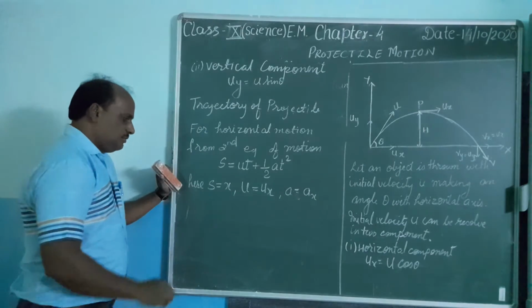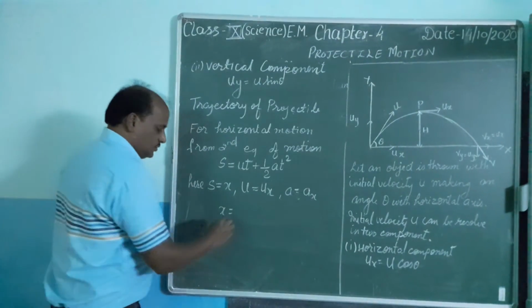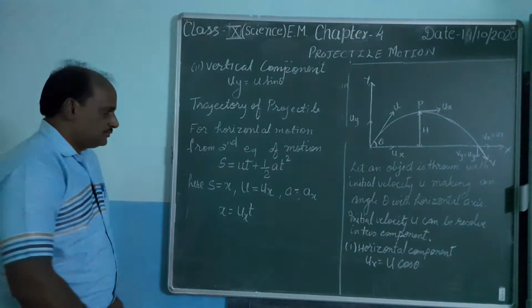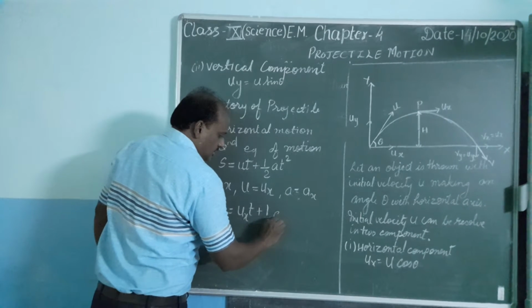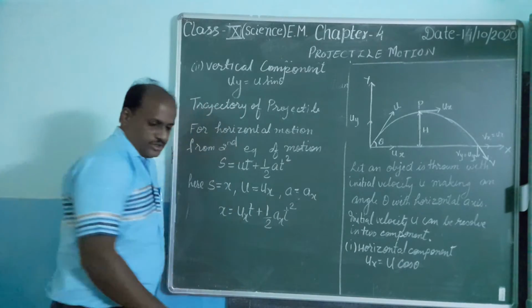So this equation becomes x equals ux t plus half ax t square.